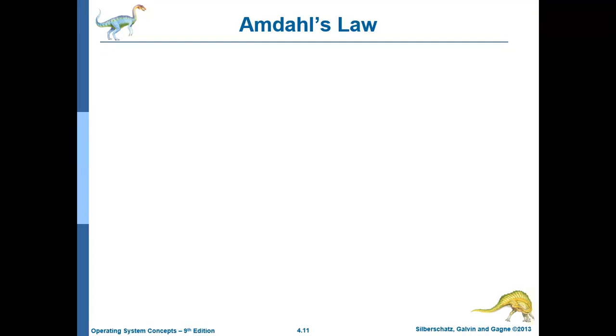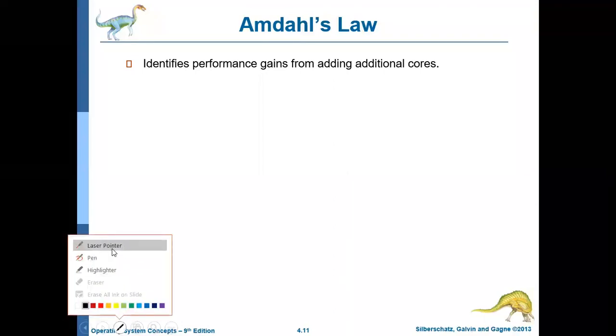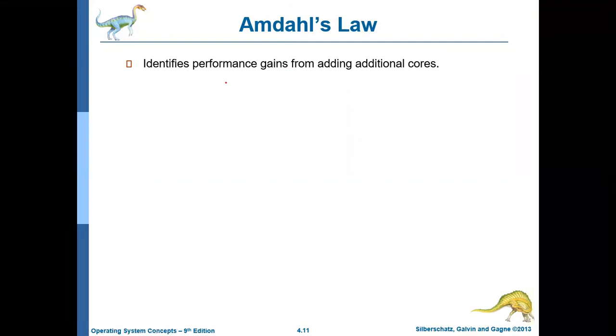Okay. So basically Amdahl's law is used to measure the performance gain from adding more cores to the system. When additional cores are added to a computer, how much performance gain is achieved? That is given by a formula, and this formula is called Amdahl's law.